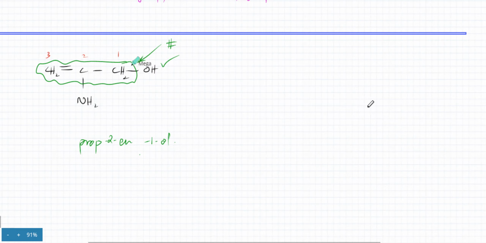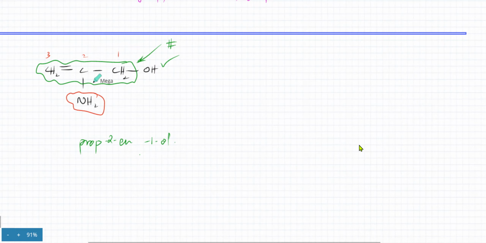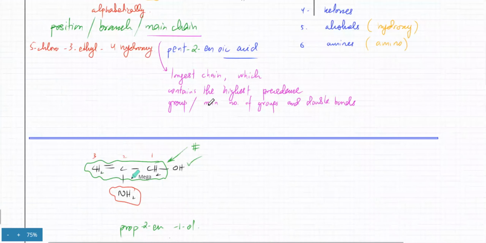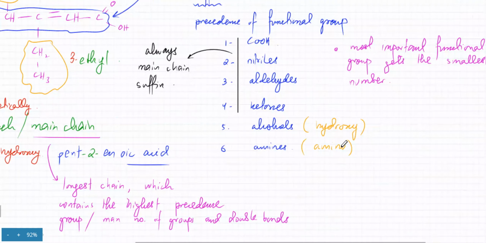And you have one branch, which is your amine branch. So what happens to the amine branch if it's not a suffix? If it's not, amine becomes amino.